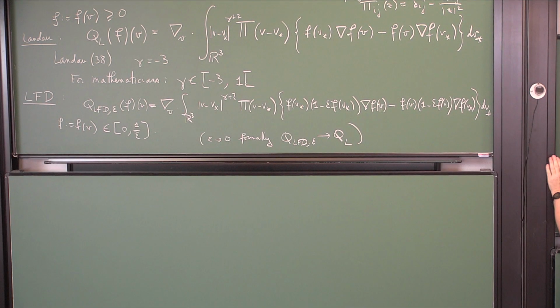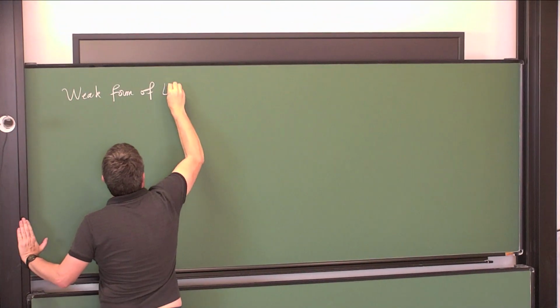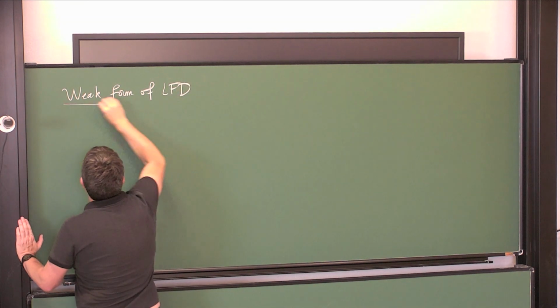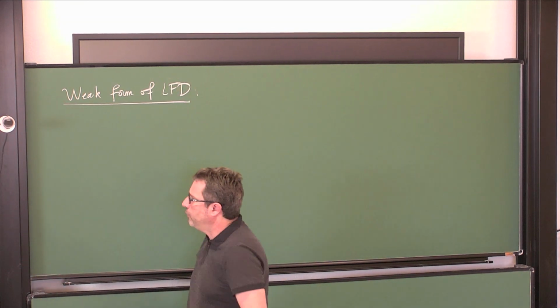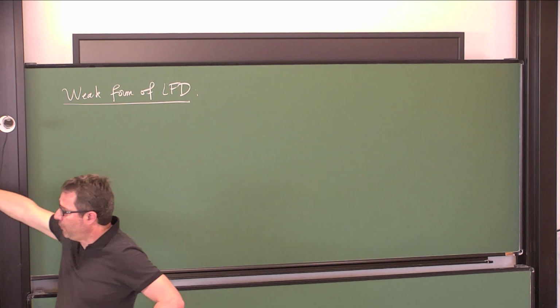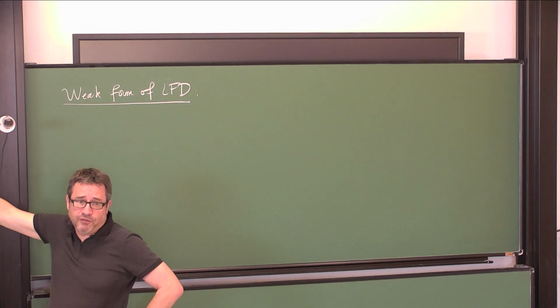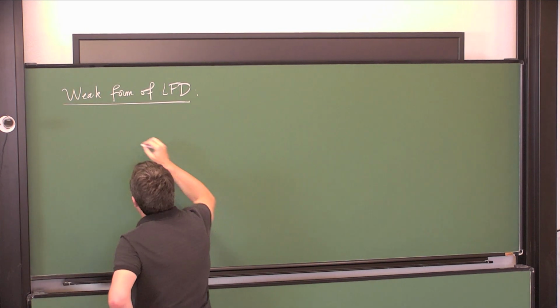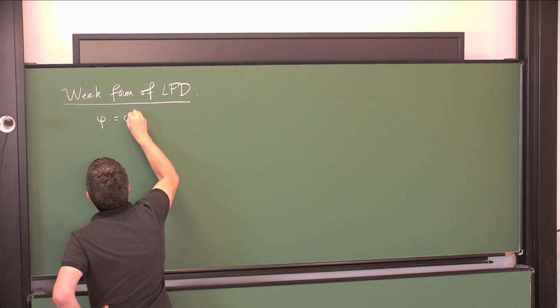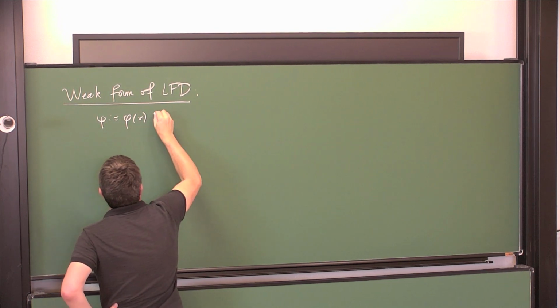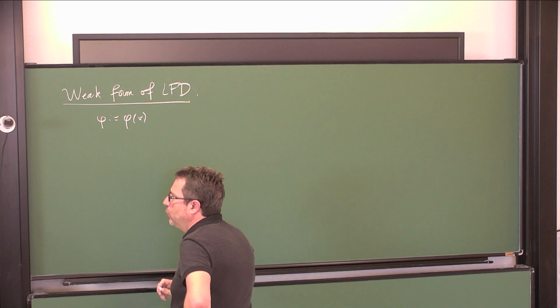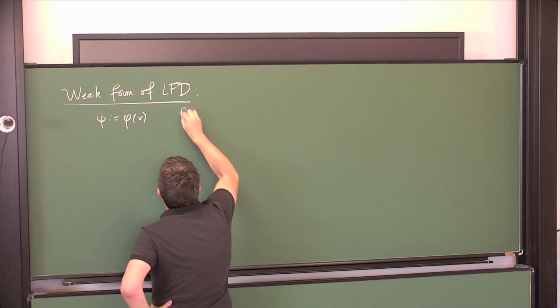So the weak form of the Landau-Fermi-Dirac operator is the following. So you take the operator, you multiply by a test function phi, okay, and you integrate.